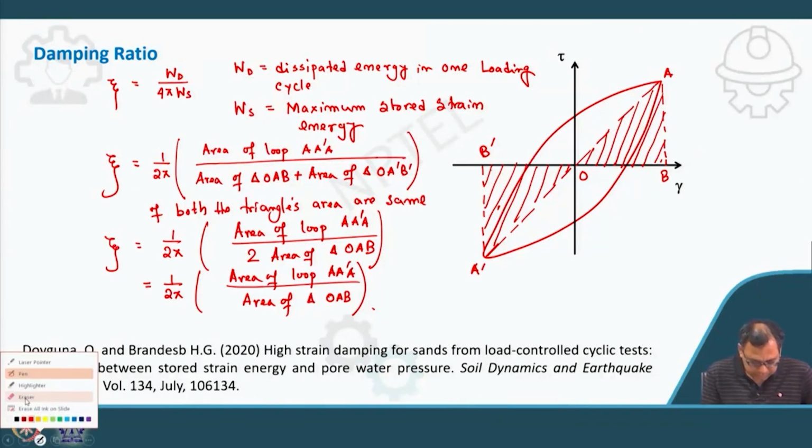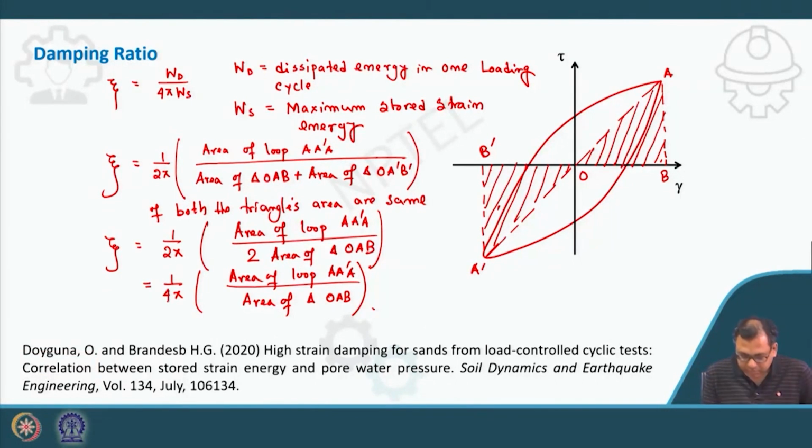So 1 by 4 pi, the area of this loop for a particular loop and the area of the triangle. So this is for a particular strain level, say strain 1. Now the question is about this conversion technique to determine the damping ratio for the equivalent linear approach.